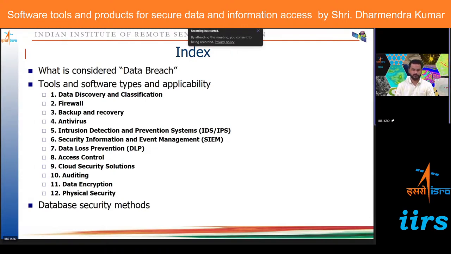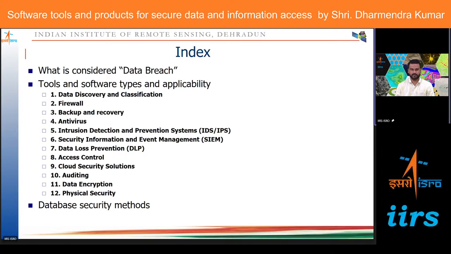At last, I will have a little explanation about the security in database systems. The people who are related to the database operations in your organization will understand that. So this is the way we will be covering the total lecture today.